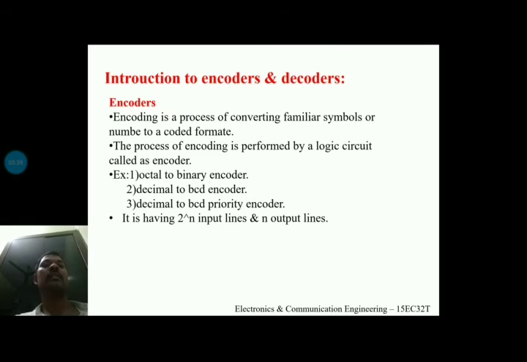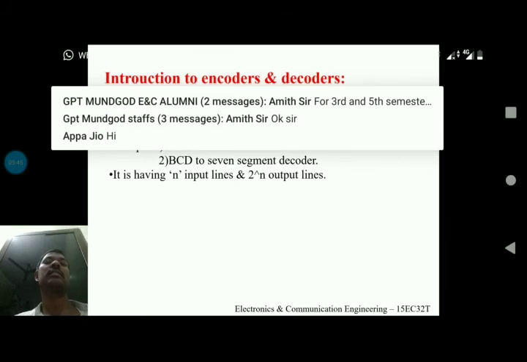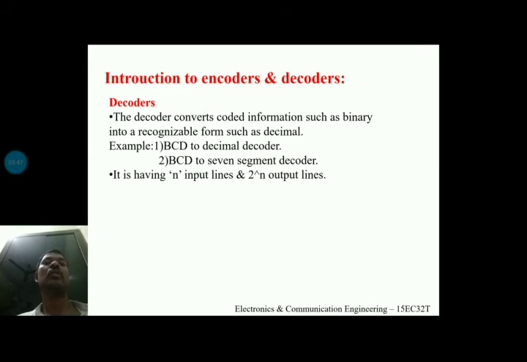Okay. The next one is decoder. The decoder converts coded information such as binary into a recognizable form such as decimal. That means an encoder converts a familiar symbol into coded format, and the decoder does the reverse of that. That means coded format to a familiar symbol or a familiar number.